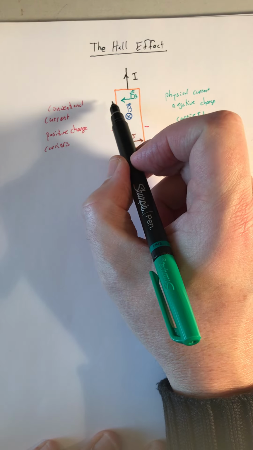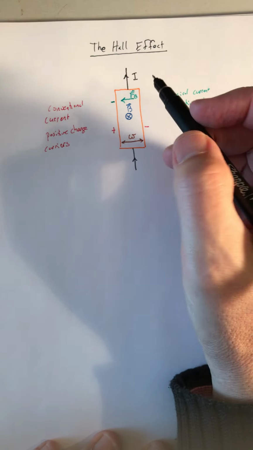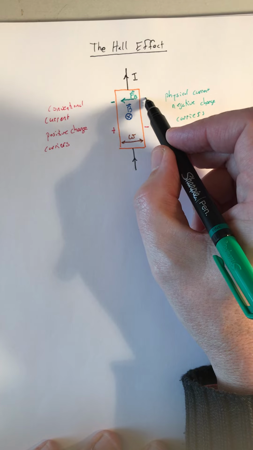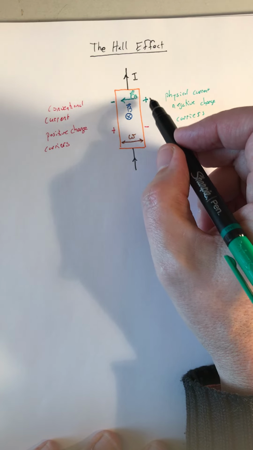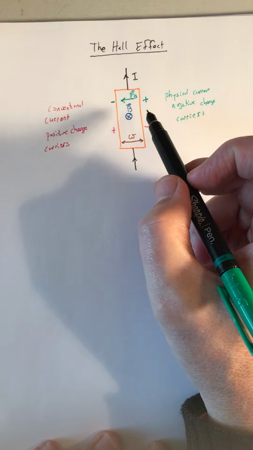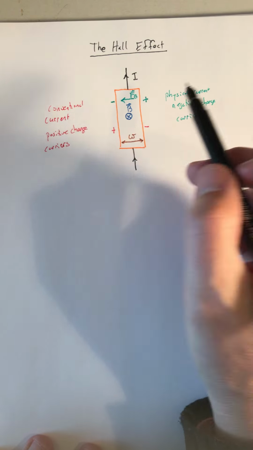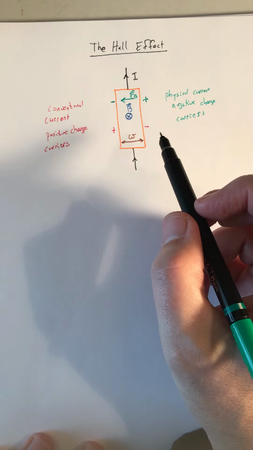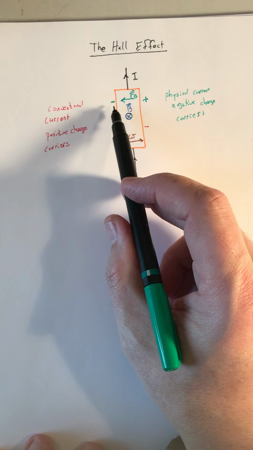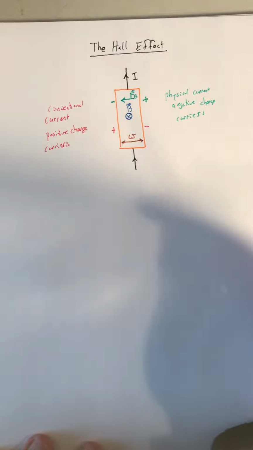So negative charge carriers would get pushed to the left, and we would have an absence of negative charge carriers on the right side. So the Hall voltage measured left to right would be negative. The same magnitude, but opposite orientation.